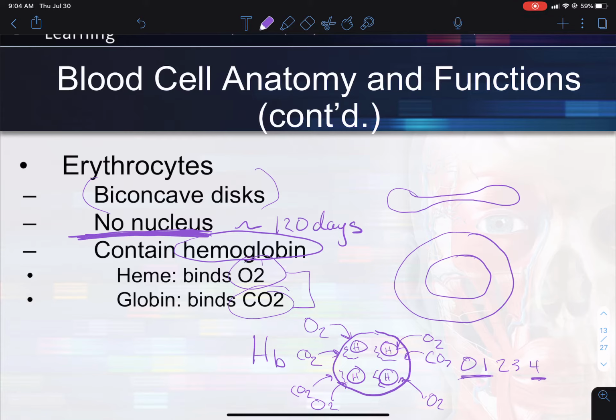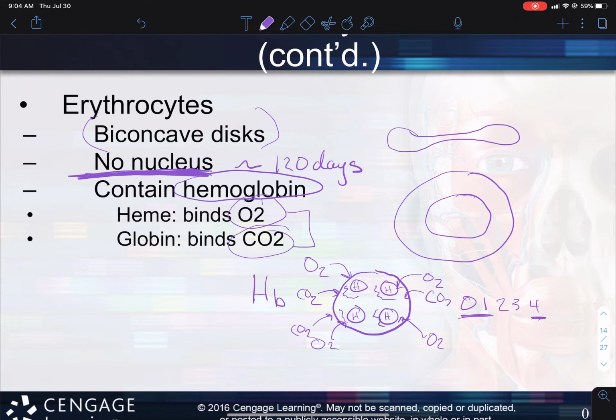So it could be 2 O2 molecules and 2 CO2 molecules, or 1 O2 molecule and 3 CO2 molecules, or some combination thereof. Hemoglobin can also bind to glucose, which is one of the ways we can diagnose diabetic patients. So hemoglobin has a lot of different abilities, but what we primarily care about in this course is the ability to bind to O2 and CO2.